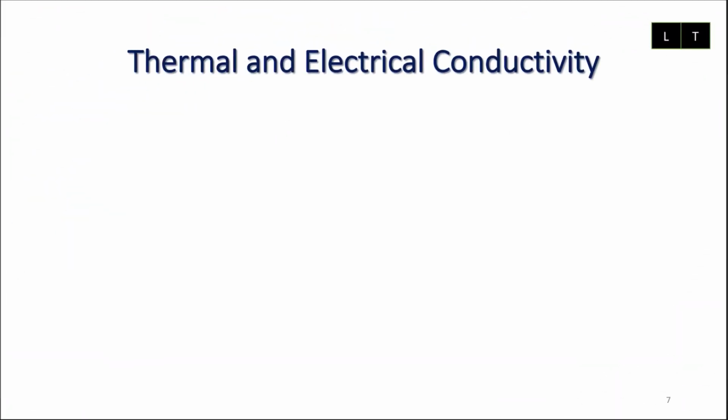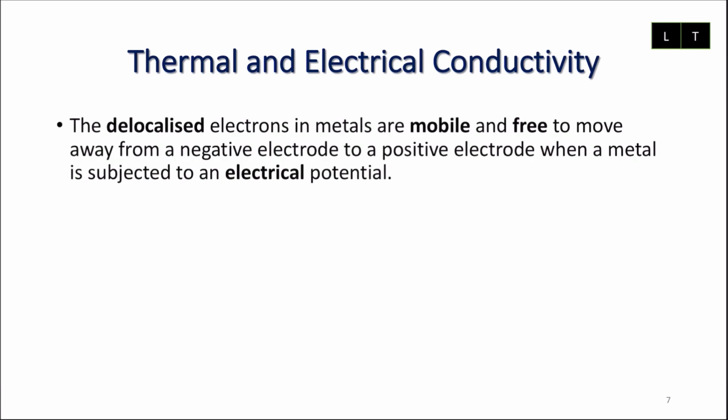Next one, we go for thermal and electrical conductivity. As I mentioned before, you've known about the term delocalized electrons in metals, where they are mobile and free to move away from negative electrode to positive electrode. Apabila metal itu ada connection with electrical potential.